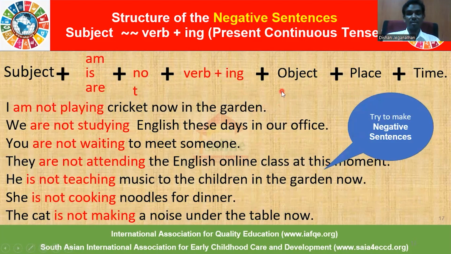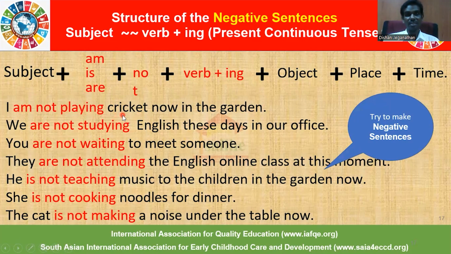Let's look at some more examples so that we could get a clear idea of how to form sentences. I am not playing cricket now in the garden. I is the subject plus am not. Verb plus ing, playing.